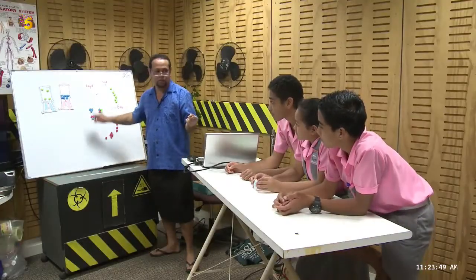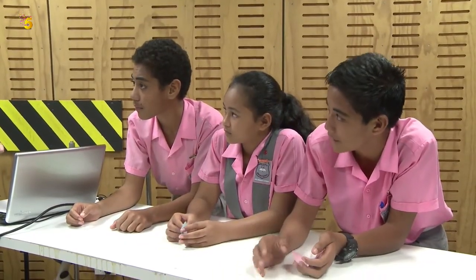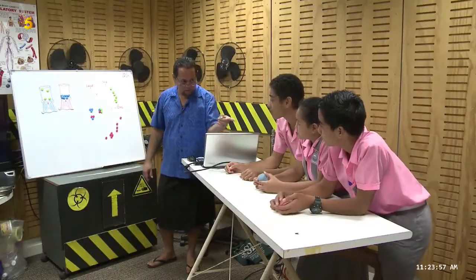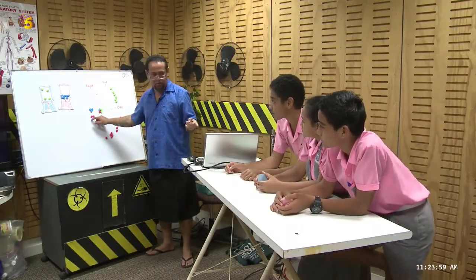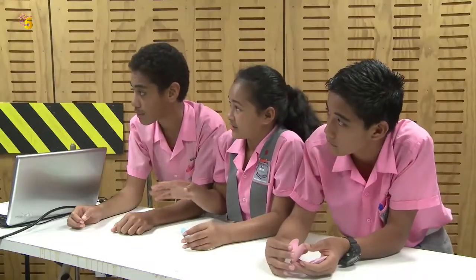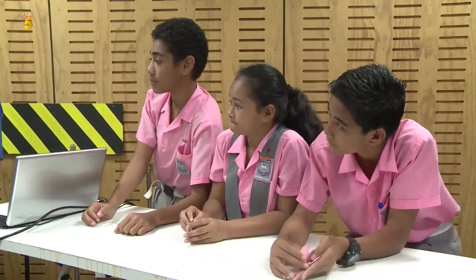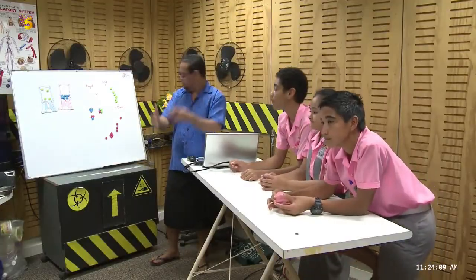The first triangle. Why do you say this could be an element? Because they all have the same type of atom. Excellent. If this one is an element, what about this one? That's a compound, because it has more than one type of atom contained in it.